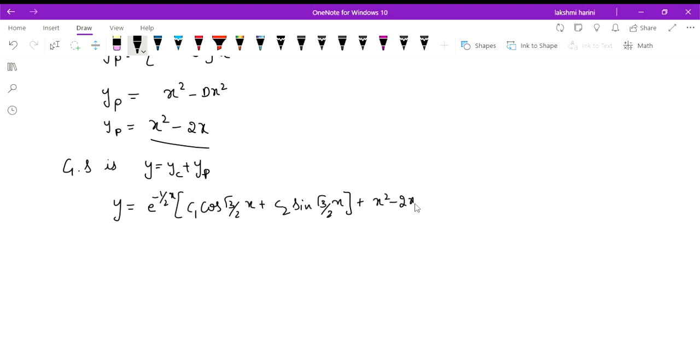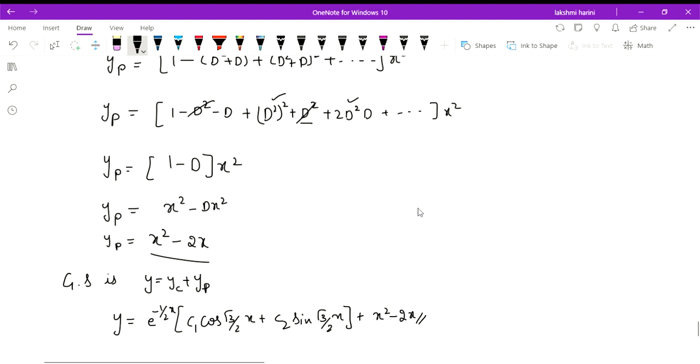This is your required general solution. Like this we are going to do the problems for polynomial equations, that is, when Q of x is equal to a polynomial. This is the procedure to solve the problem. Thank you.